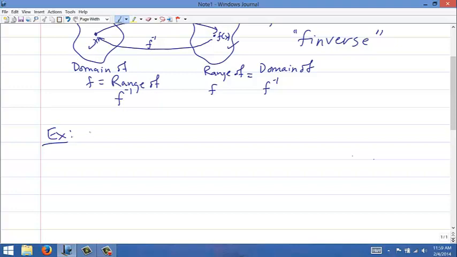So let's assume our function is defined by the following table. This is our f of x function. And the goal is, what if I wanted to write down what f inverse looked like as a table?